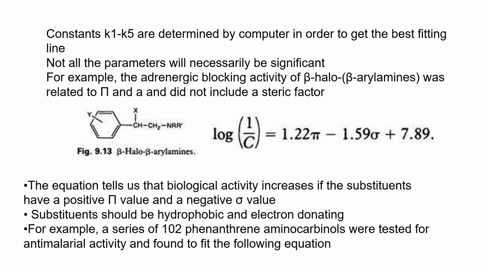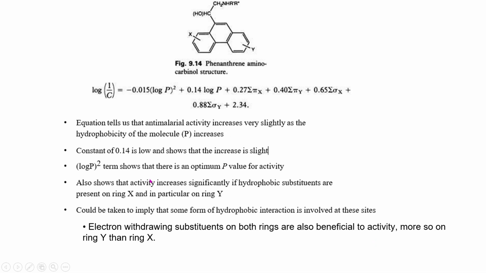Now, when we compare these 102 phenanthrene aminocarbinols for their anti-malarial activity, it is found that they fit the following equation, which is provided in order to calculate the Hansch equation. So what happens if we correlate the phenanthrene derivatives and their biological activity is, suppose we calculate their log P values, then the pi values and the sigma values.